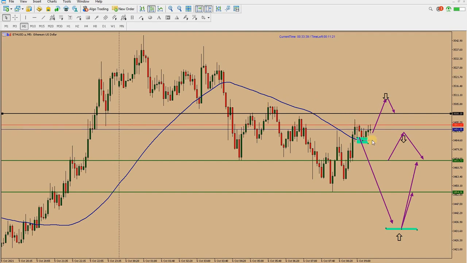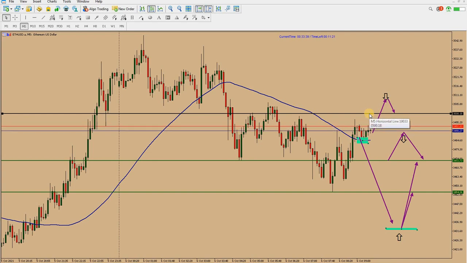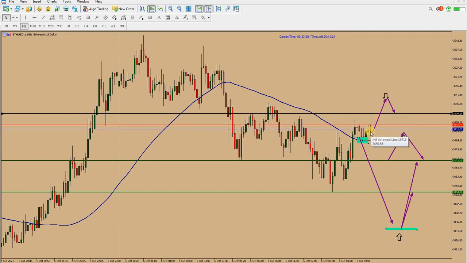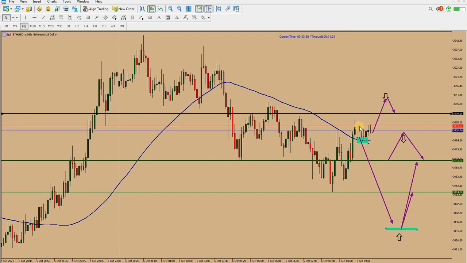I pause the video. When the price reaches resistance, and when the indicator gives us the green light to sell, we sell it. If the price goes and hits the resistance but our indicator does not give us permission to sell, we don't sell it.